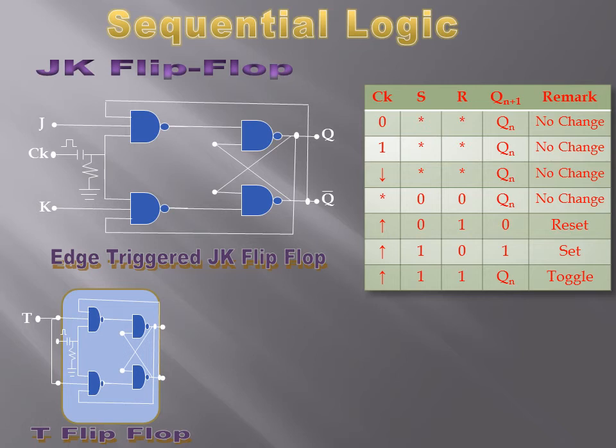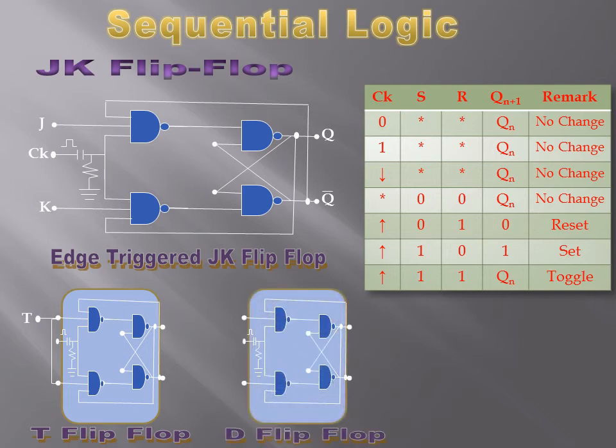The output will change its state from 0 to 1 and 1 to 0. Another type is that if we connect a NOT gate between the inputs, it will turn into a D flip-flop or data flip-flop.